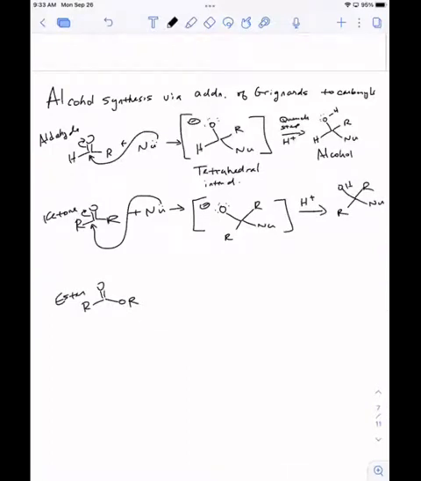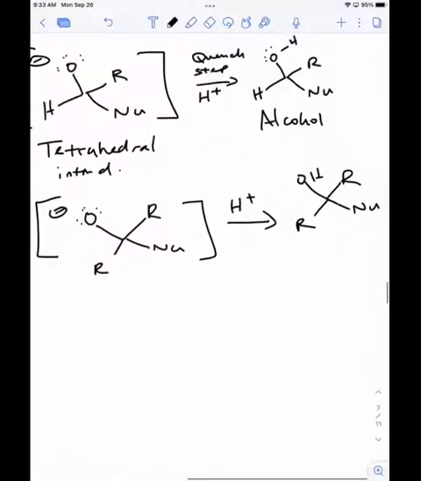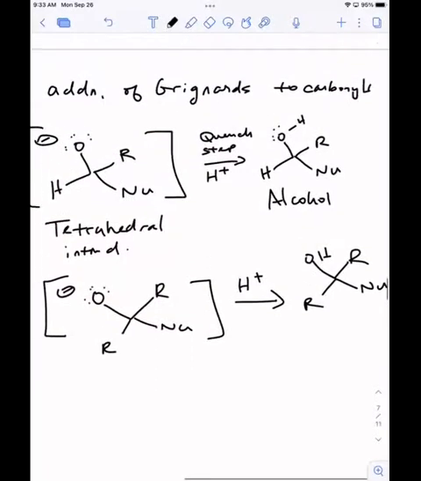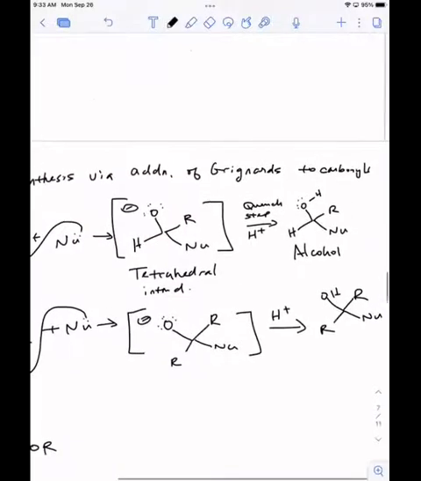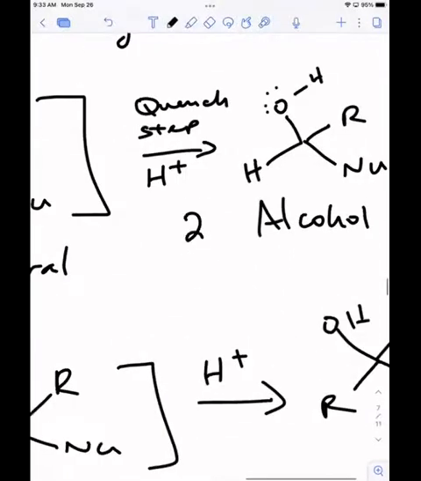All right, so with a ketone and aldehyde, you can do Grignard addition and go directly to alcohols, right? If you start with an aldehyde, you're going to get a secondary alcohol.